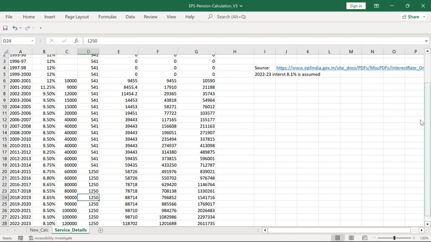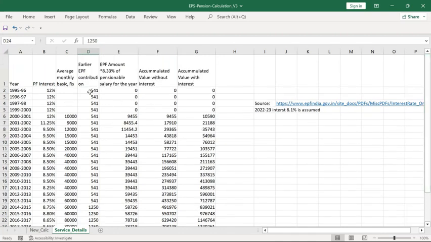And accordingly, what happens here is, this was our earlier contribution to EPS. So this was 541 earlier till 2014, and afterwards it's 1250.